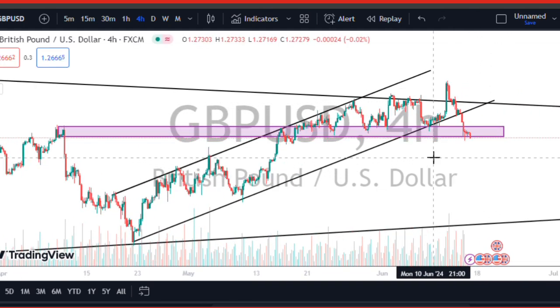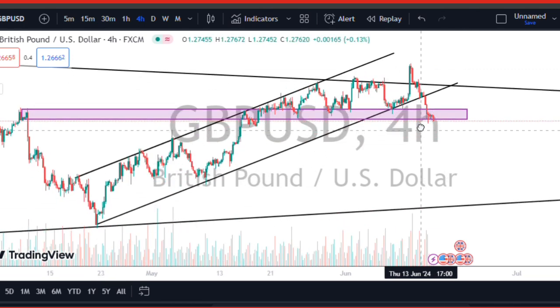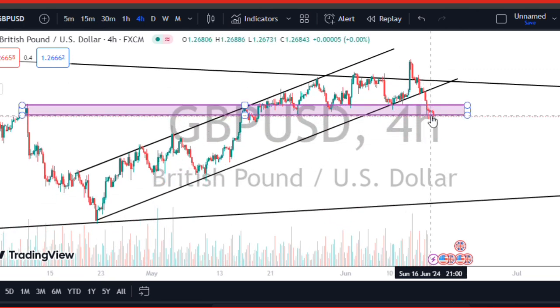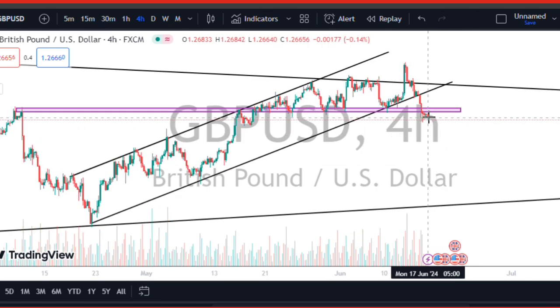So currently the market is playing within this resistance zone, this support that was eventually a resistance. What I'm looking for here is for the market to break this support. Of course, I can say from there the market has already broken this support. Upon the break of the support, what are we looking for?